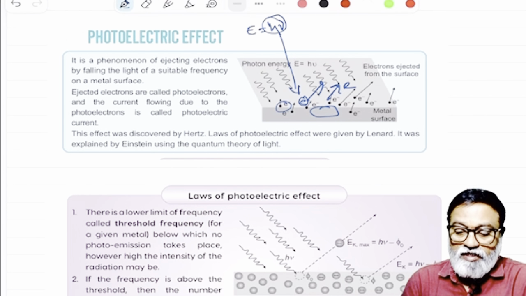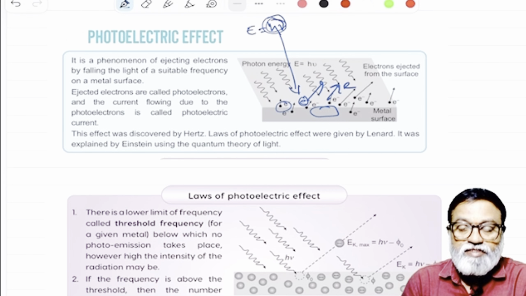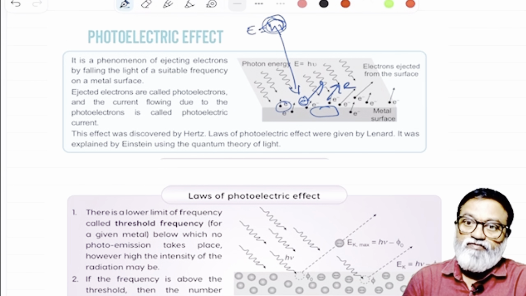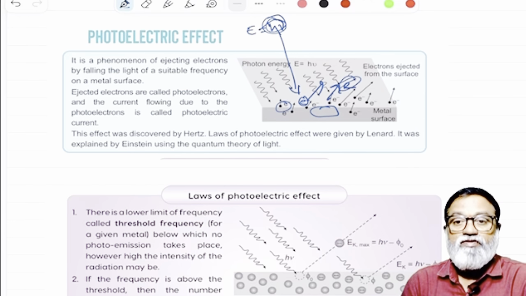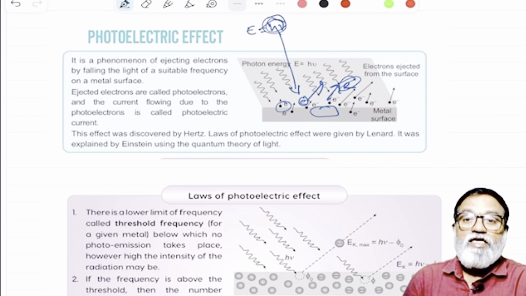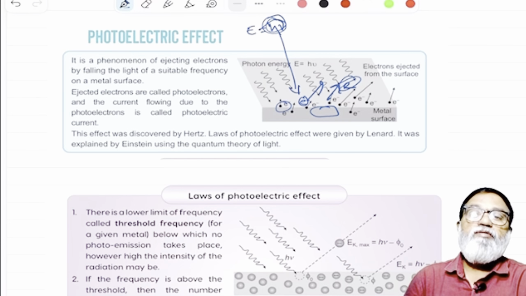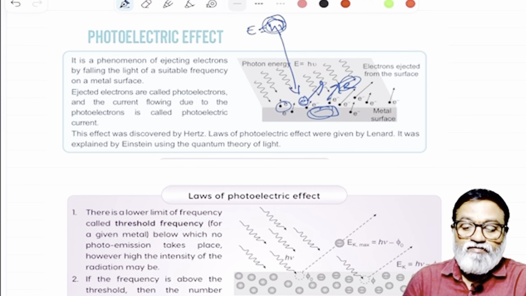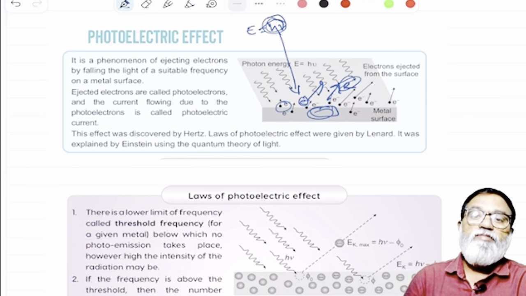For example, if the energy absorbed by this electron is greater than the electrostatic attraction force, then it comes out of the metal surface. That minimum energy needed to eject the electrons is called the work function. For that work function, there should be some minimum frequency.